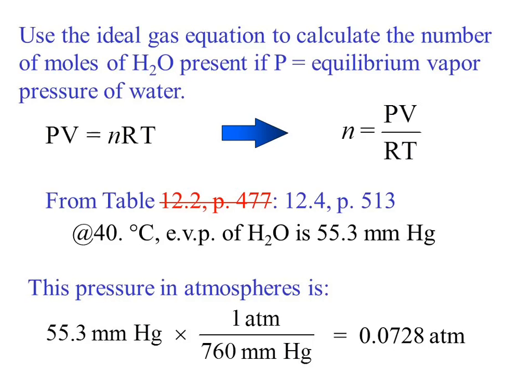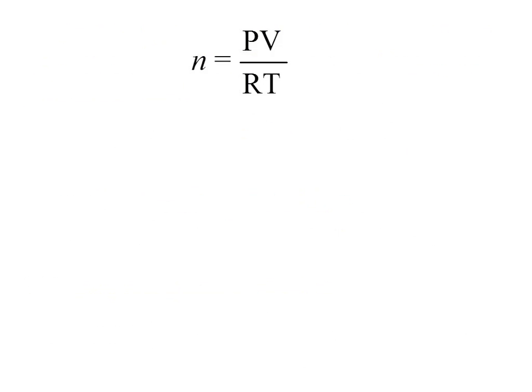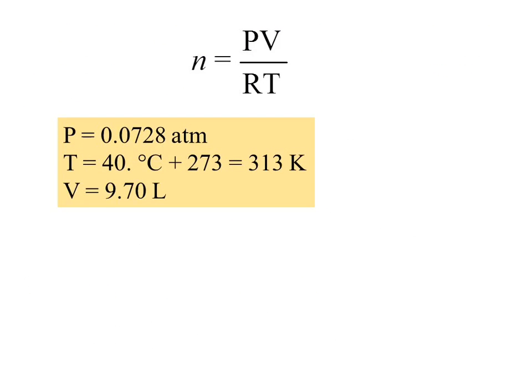Okay, getting ready to plug and chug. We already got the pressure the way we need to. Of course, we need to convert the temperature from Celsius to Kelvin by adding 273. The volume's ready to go, 9.70 liters.